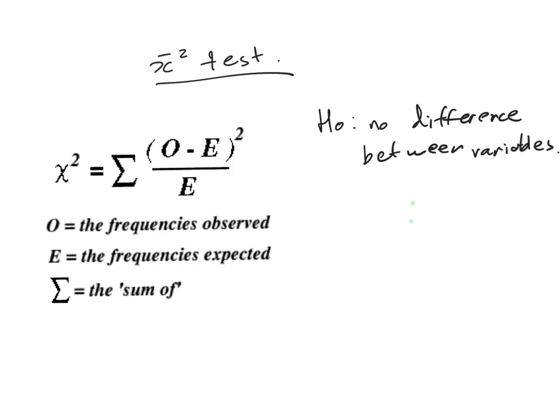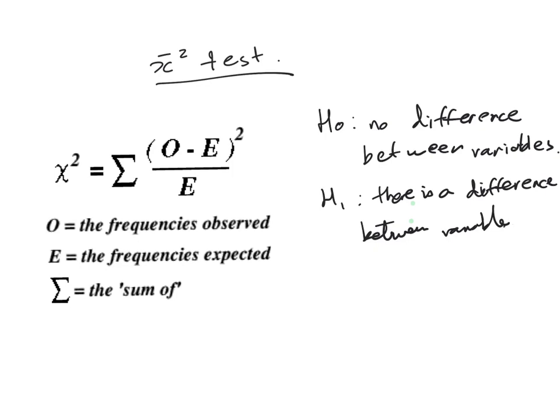And you have the actual hypothesis, which is there is a difference between variables. And what you're actually looking to do in this is to reject your null hypothesis and accept your actual hypothesis. And the way you do that is by using a statistical test called chi-squared.